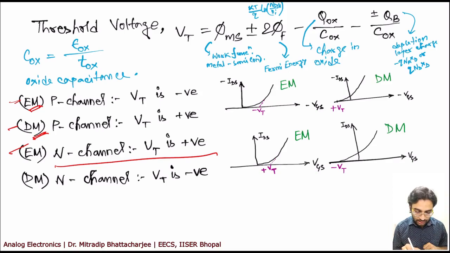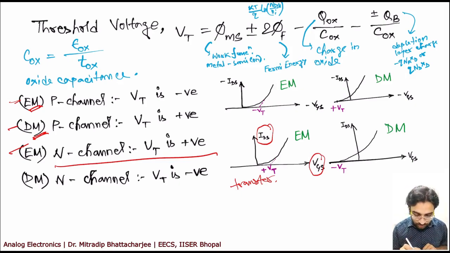If you look at the N channel MOSFET's characteristics, which is IDS versus VGS, what is this? This is known as transfer characteristics. Why transfer? Because IDS is output, however VGS is input. So it is input to output transfer.